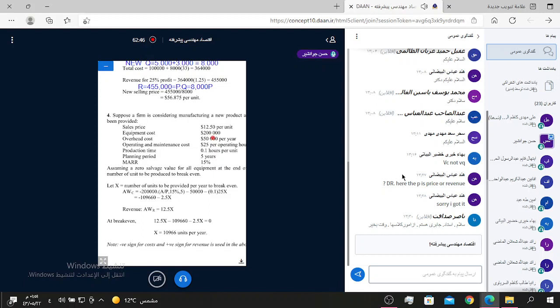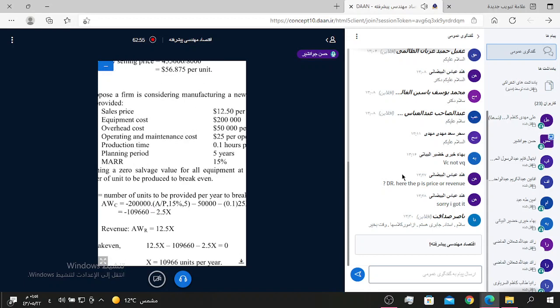Equipment cost is the initial investment, or P. AW or NAW is minus P, given P finding A, with I or MARR 50%, and lifetime.